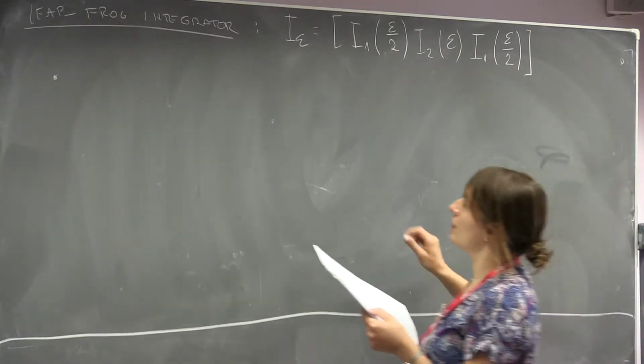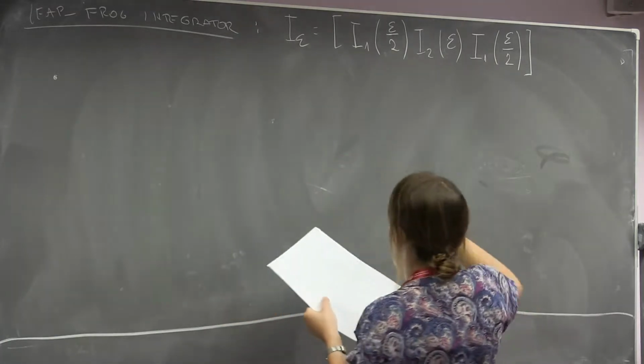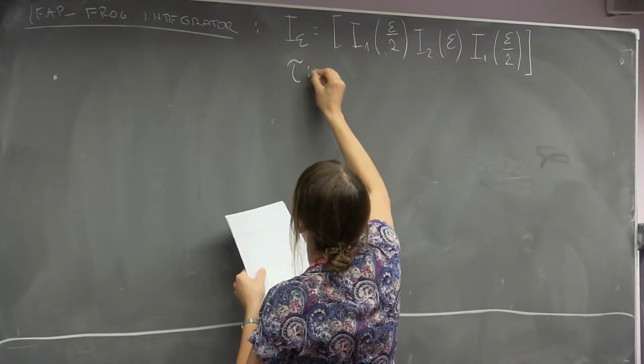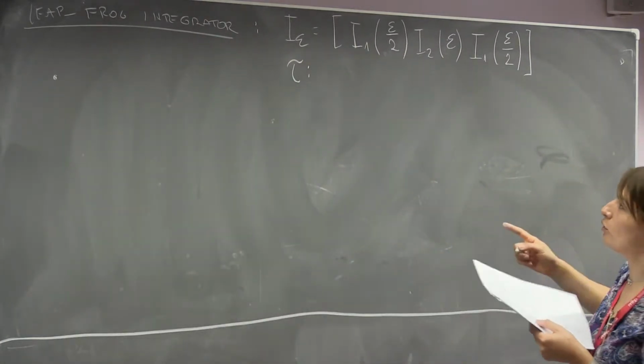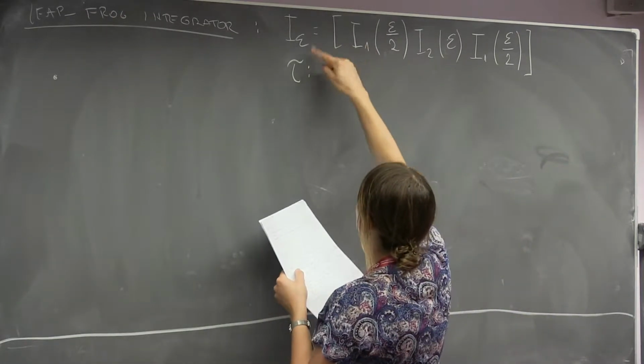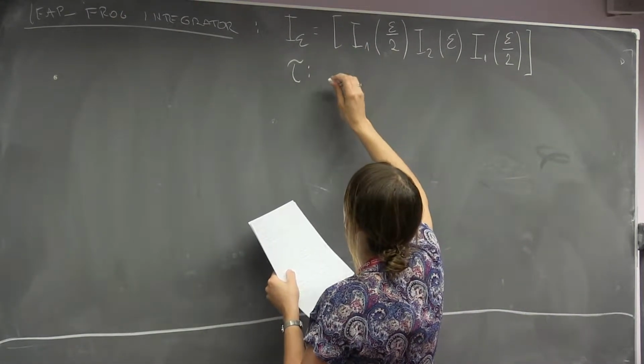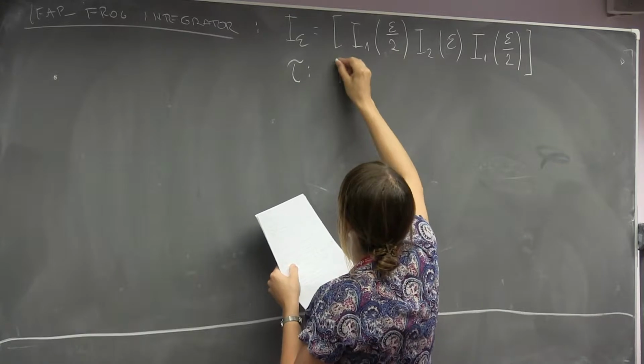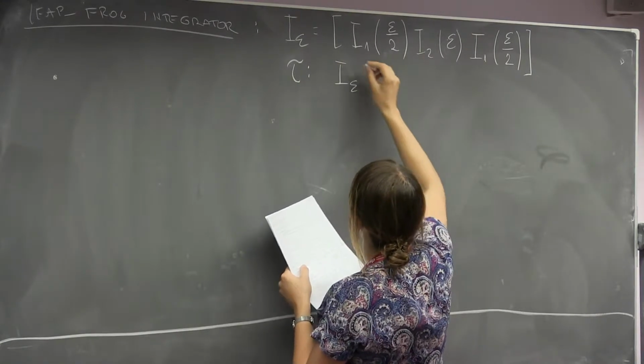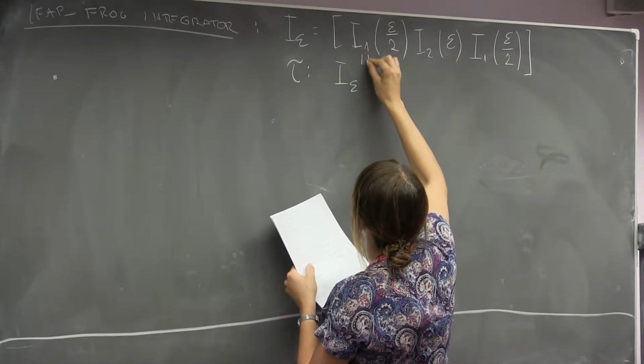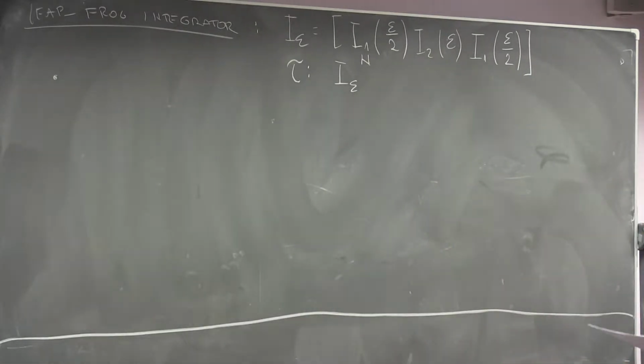So basically, the total trajectory length tau would require this step of I epsilon to be performed n times.